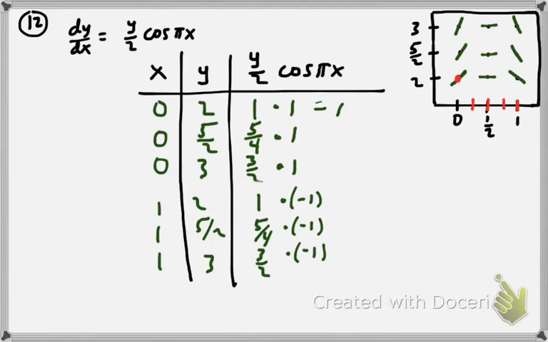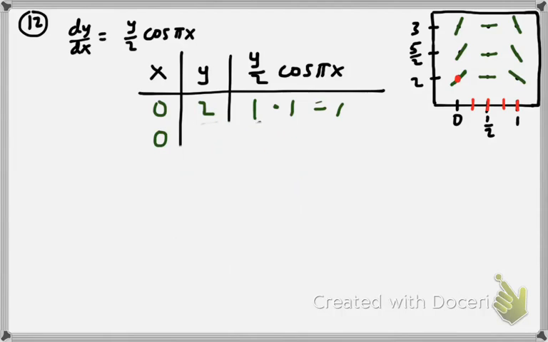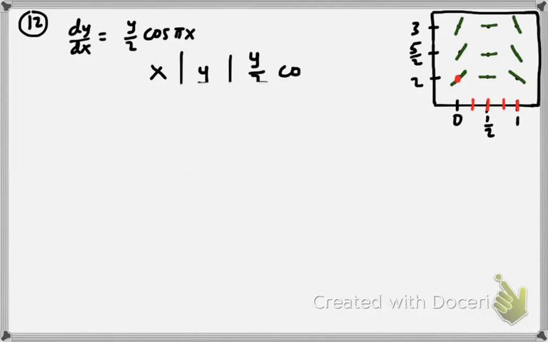Oh, good grief. Well, I guess I'll need some room here, so let me erase some of this stuff. Okay, since I'm asking you to do it, I guess I'll do it as well. So we have our chart. We're using Euler's method, and we've got our initial value of our current (x, y) at (0, 2).